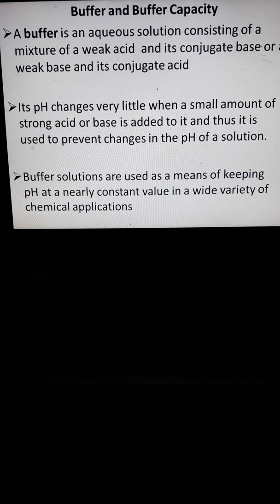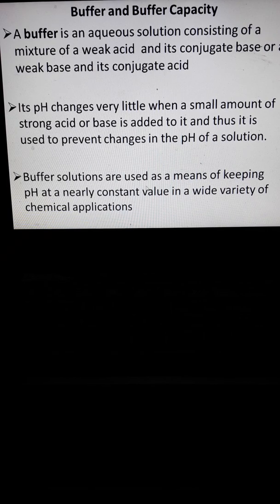So if you add a strong acid to a basic solution, there are changes in the solution, wherein the solution becomes acidic, or if a strong base is added to an acidic solution, it will become basic. So to prevent the changes, a buffer is added in order to maintain the acidity and basicity of certain solutions.